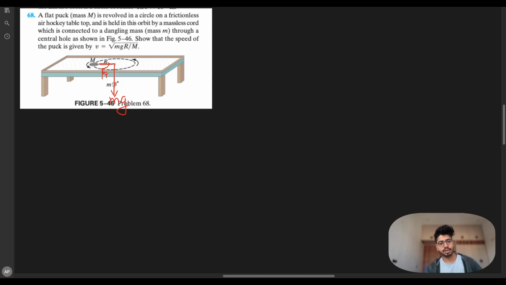So whatever the tension force is at this point, acting upward, it has to be equal to the mg force acting downward. So the tension force F_T is equal to mg if the block is not moving downward.